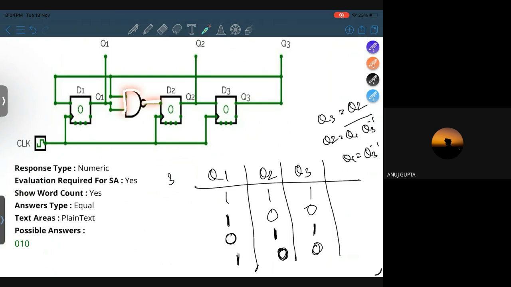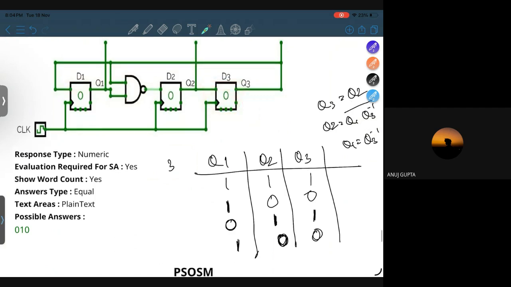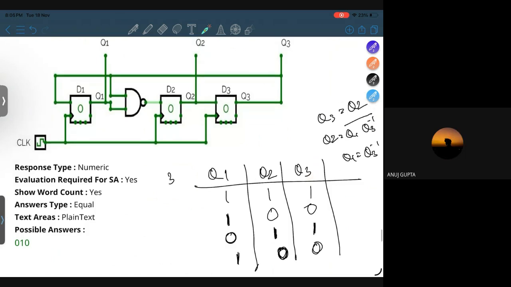This is like Q3 and Q1 coming in. So Q1 is Q3 from the last state, and Q3 is Q2 directly. Yeah, Q1 is equal to Q3 from the previous state. So for Q1 it will be 1, same.